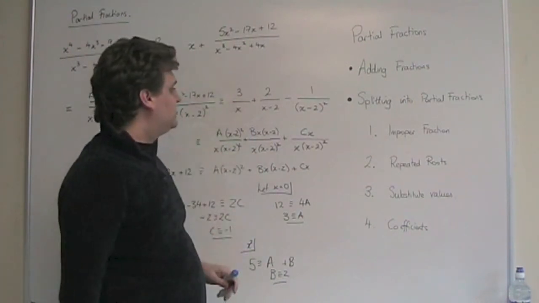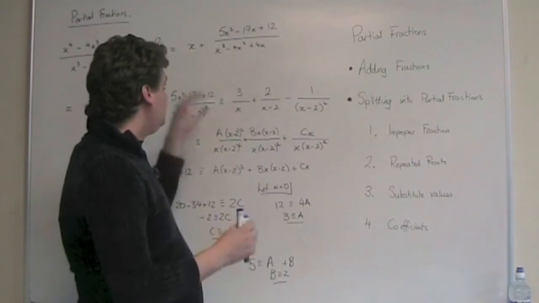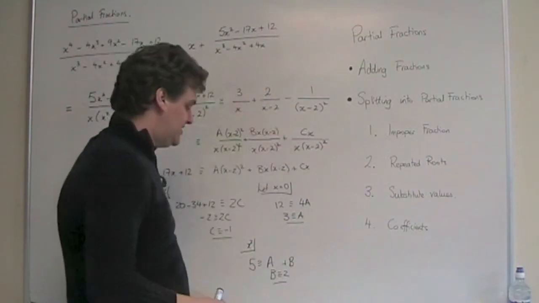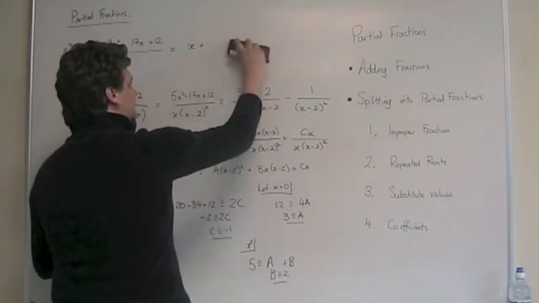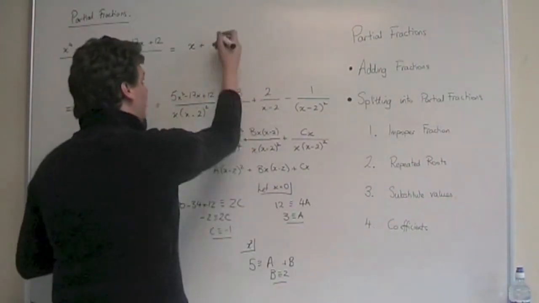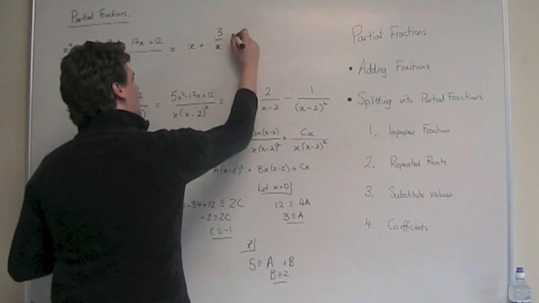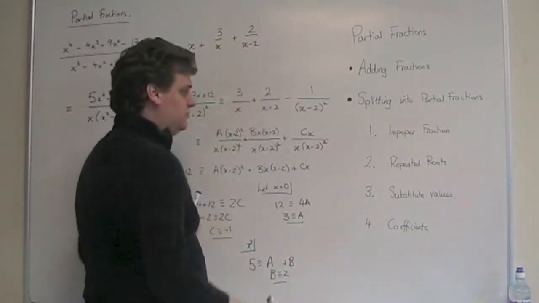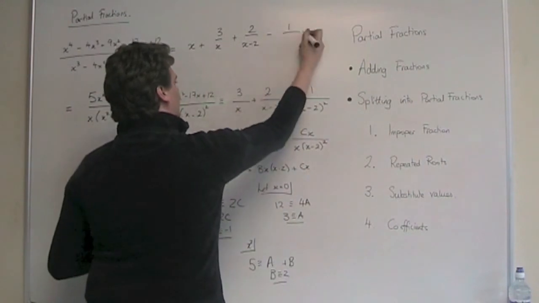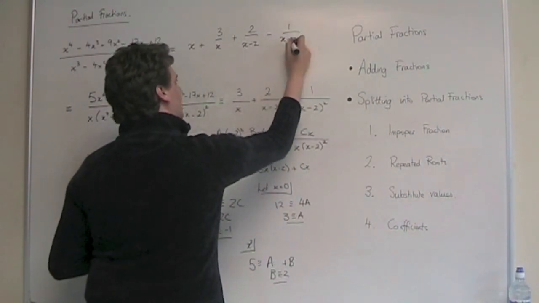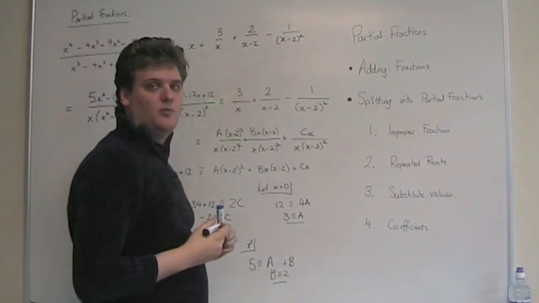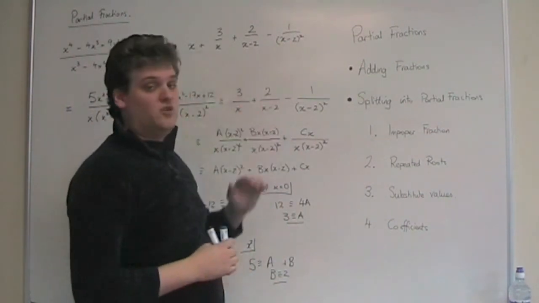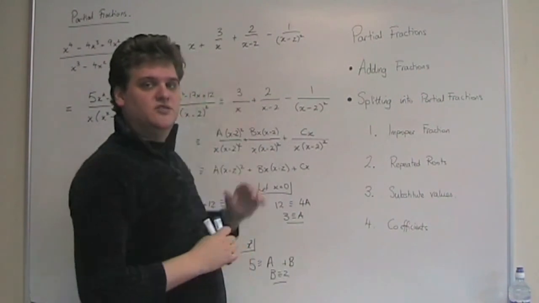So the answer to the actual whole question is x plus this fraction, which we can write like this. So instead, we write it as 3 over x, 2 over x minus 2, minus 1 over x minus 2 squared. We've therefore managed to sort this out, break this fraction up into its parts.